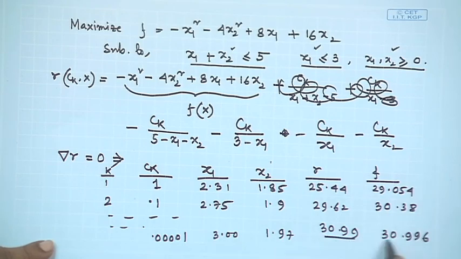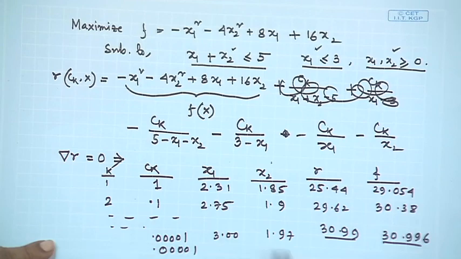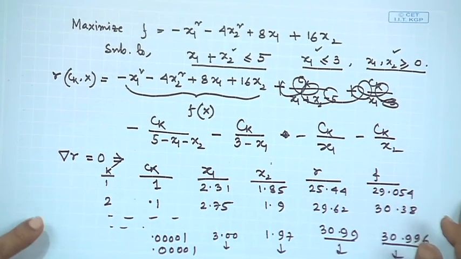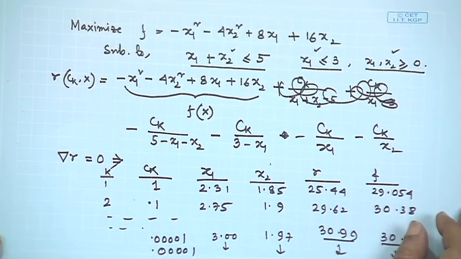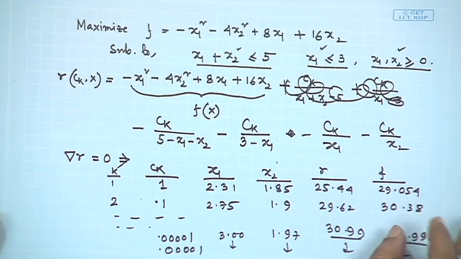You see, both the values are almost the same. If we extend it further, just try it, it will converge here. Okay. This way we can solve the problem with the interior penalty function method.